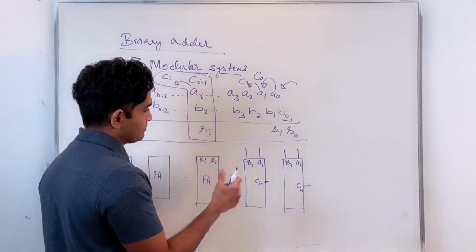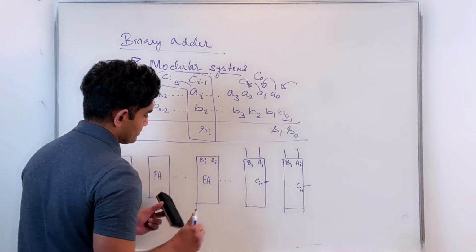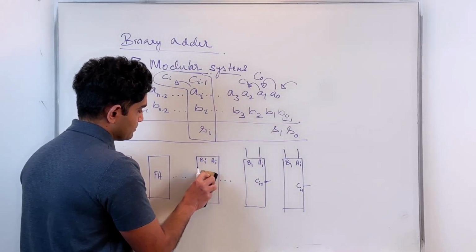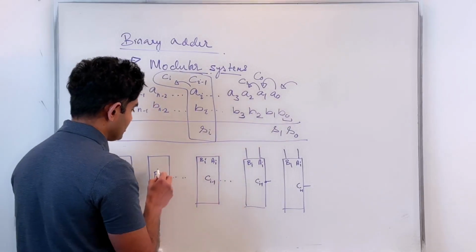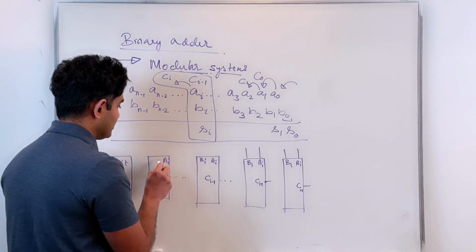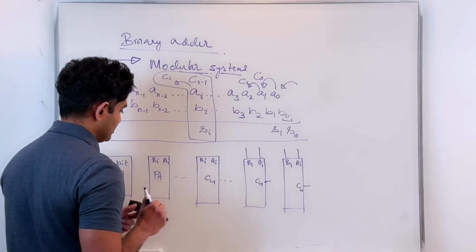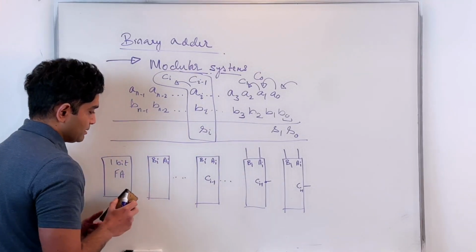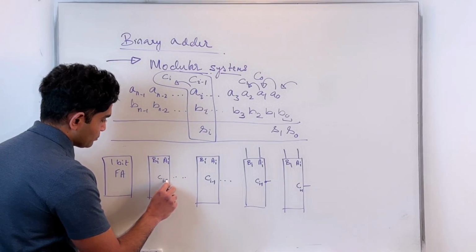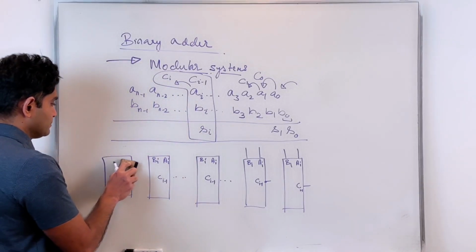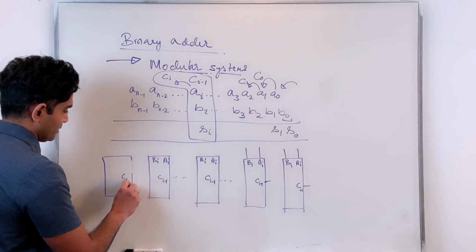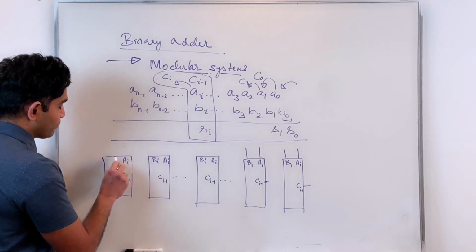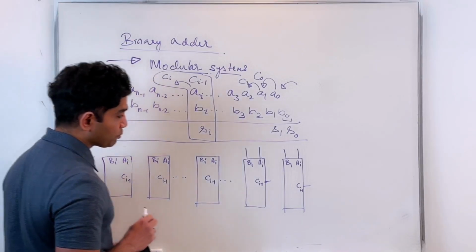So I build them and I'm trying to put them together. That's going to be CI minus 1, again AI, BI, CI minus 1, and again CI minus 1. Identical modules, I've designed them. What are my outputs?